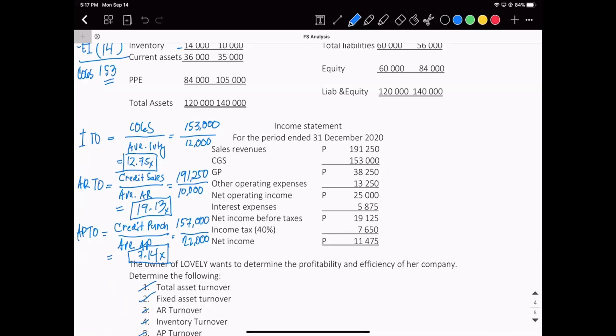What about ARTO or accounts receivable turnover? It means that our accounts receivable has been collected 19.13 times in a given year. And then lastly, for accounts payable, the 7.14x, it means that we have paid our accounts payable 7.14 times in 1 year. So, 7 beses tayo nagbayad ng accounts payable.